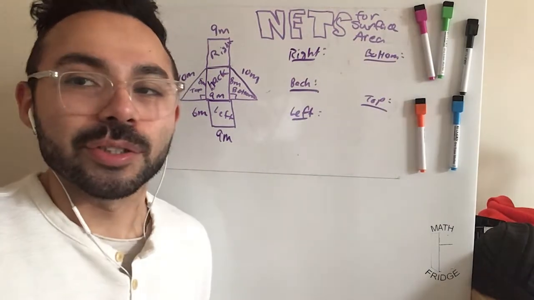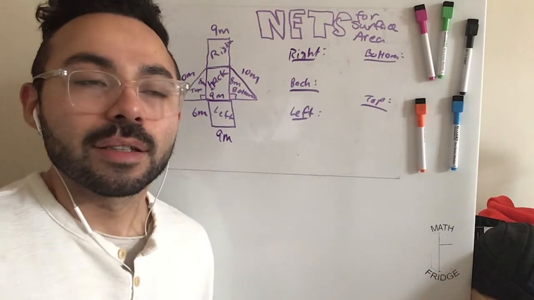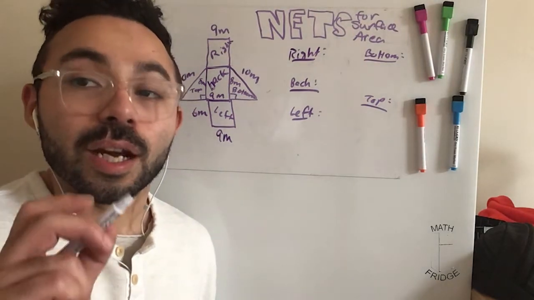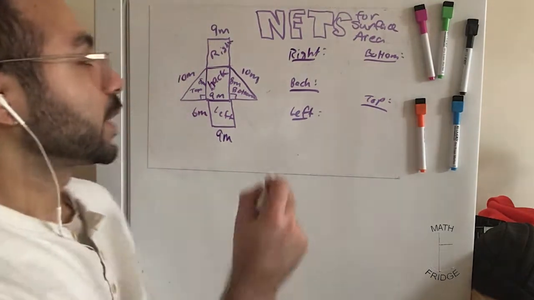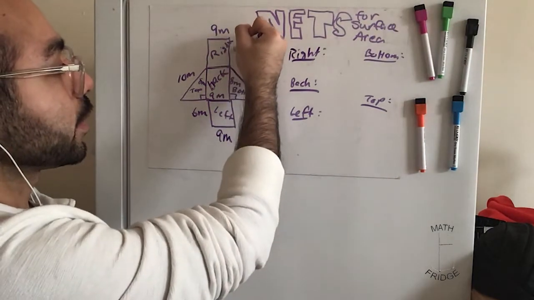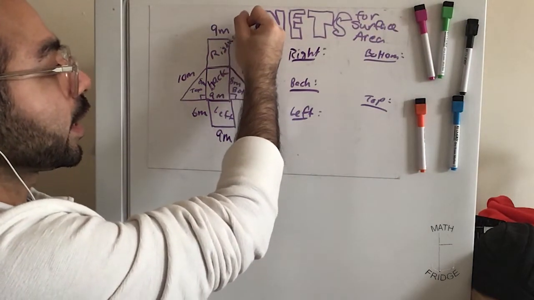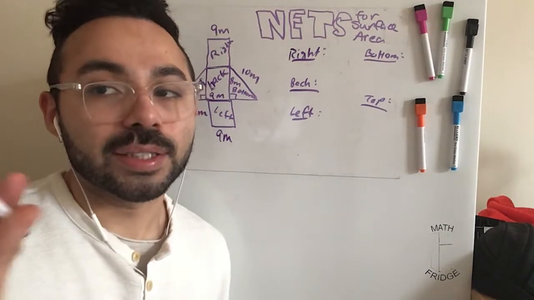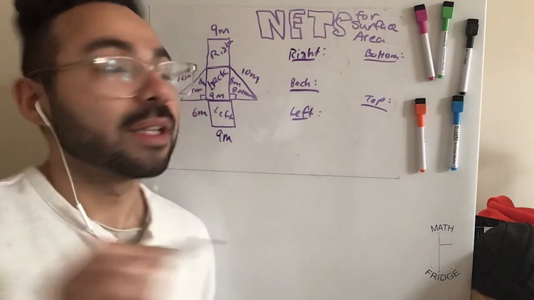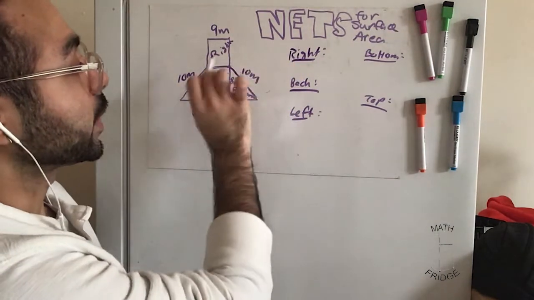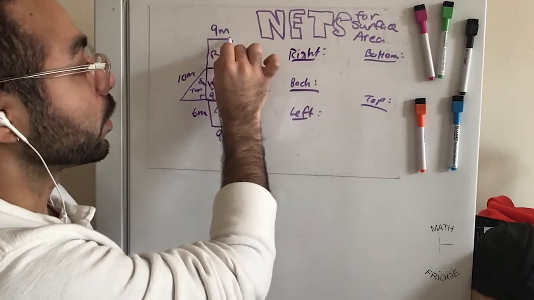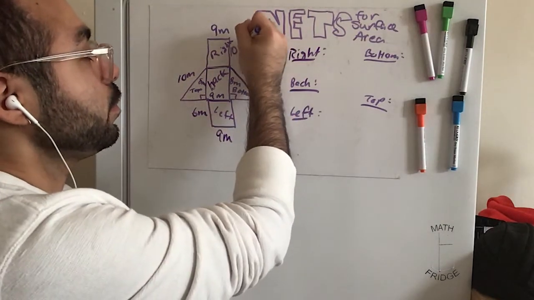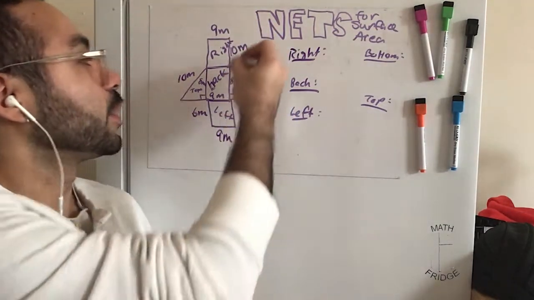I almost forgot to mention, and actually forgot to label it. As we recall in the 3D shape that we had earlier, we had our hypotenuse, right? The hypotenuse length going in this direction always carries the same value as the right face going this way.